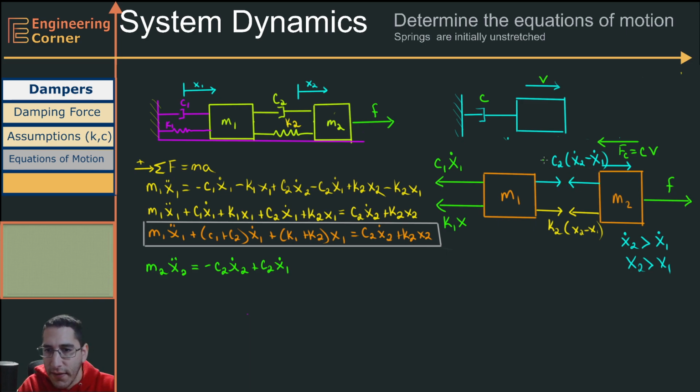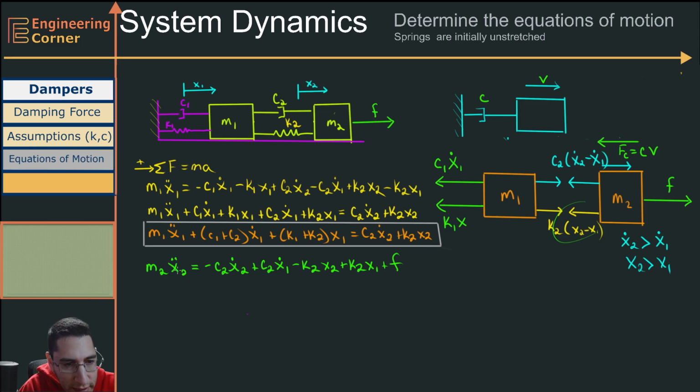This is a minus c2, and I distribute that term. So we're going to do the same thing here: minus k2 x2 plus k2 x1. That's this force. And then we're going to have plus f.